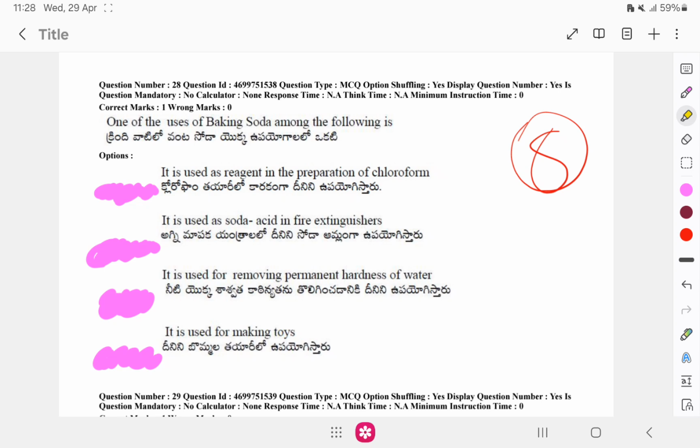One of the uses of baking soda among the following is. Correct answer is, it is used as soda acid in fire extinguishers. This is the correct answer, friends. Next question.